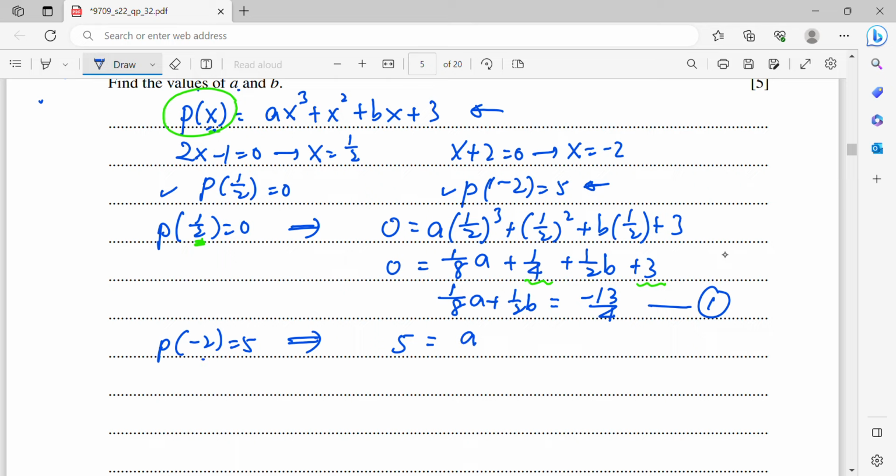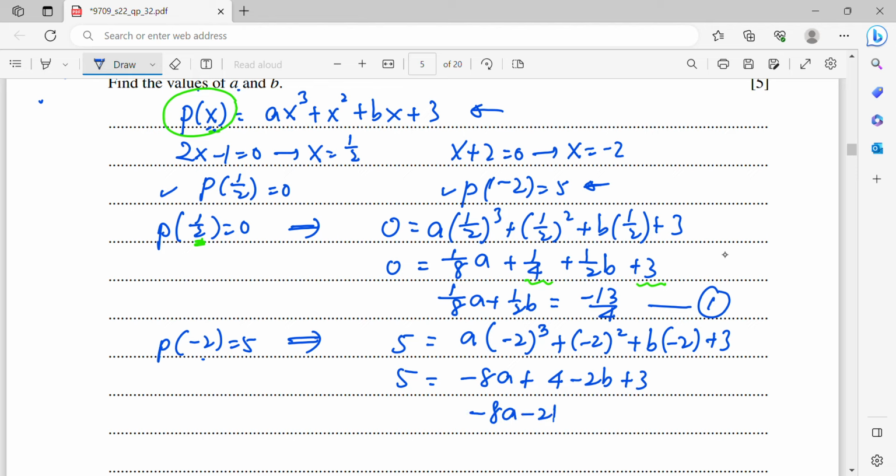So I will get a bracket minus 2 cubed plus negative 2 squared plus b bracket negative 2 plus 3. When you simplify, 5 equals minus 8a plus 4 minus 2b plus 3. Now again rearrange, so I will get minus 8a minus 2b equals minus 2.